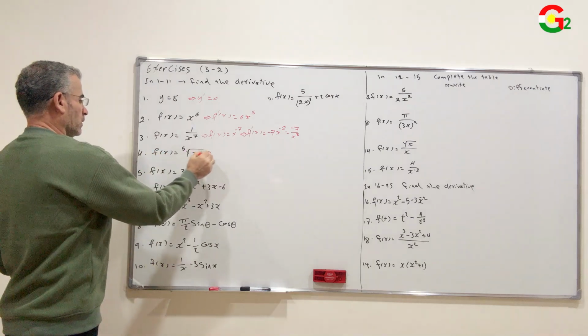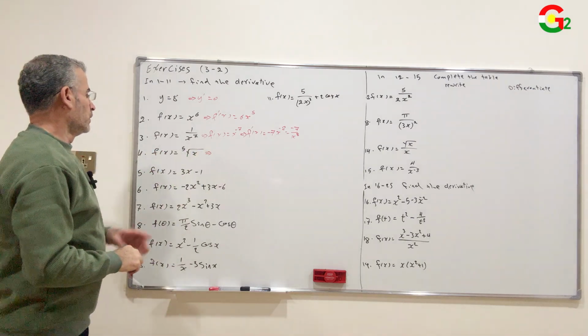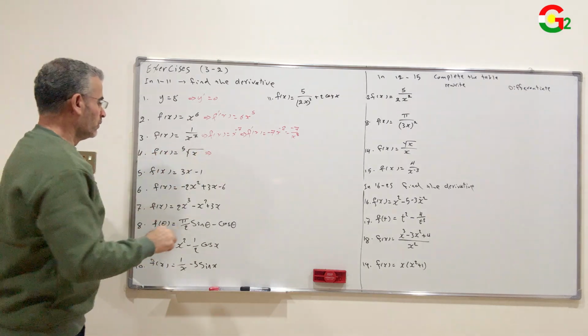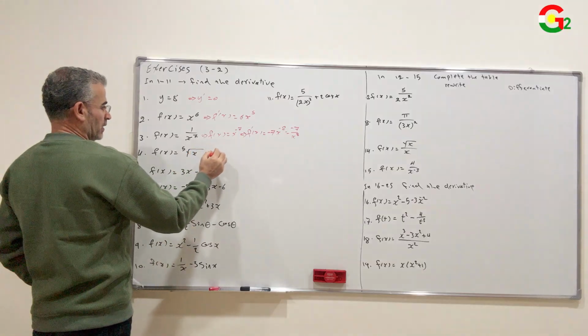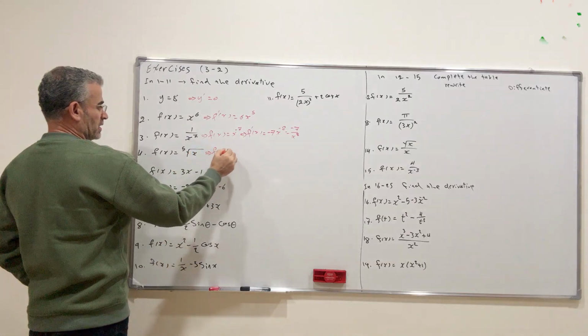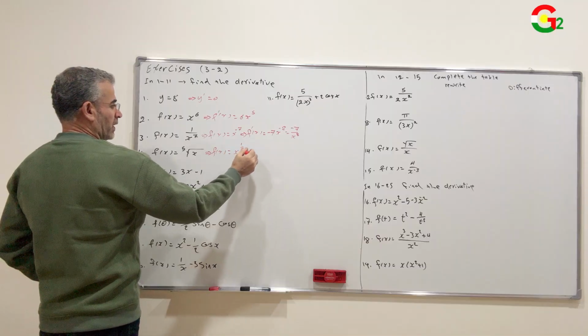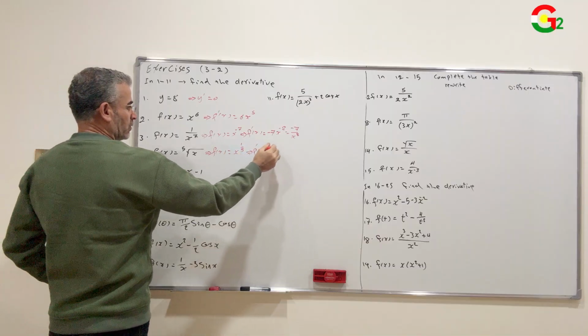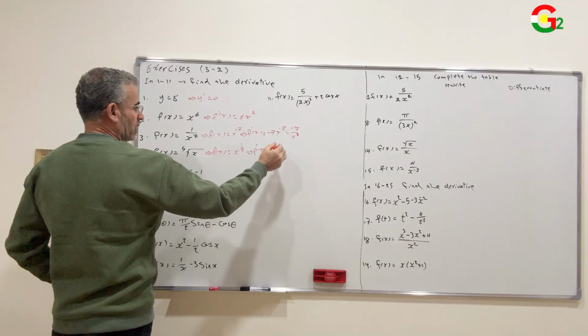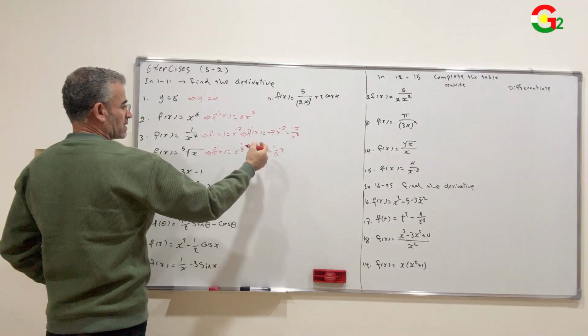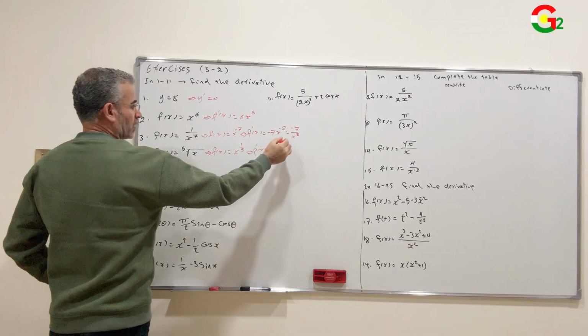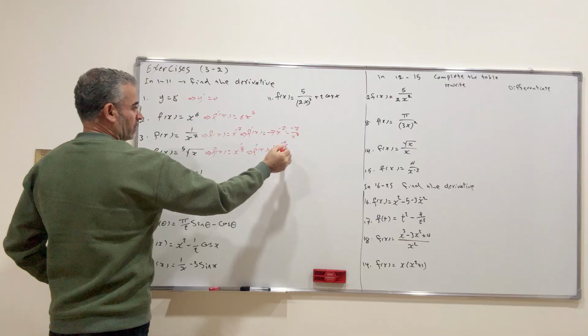f of x equals the root of order 5 of x. Then rewrite this function as f of x equals x to the 1 over 5. Then f prime of x equals 1 over 5 x to the 1 over 5 minus 1, negative 4 over 5.